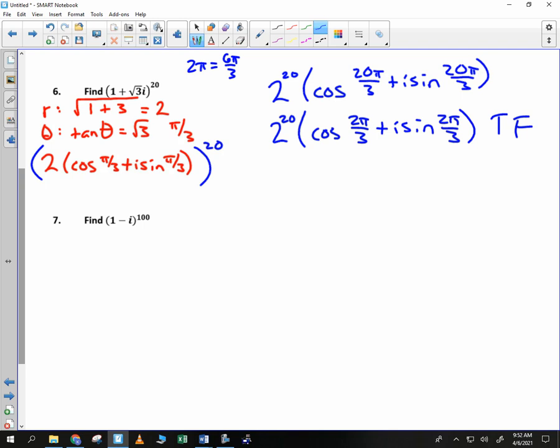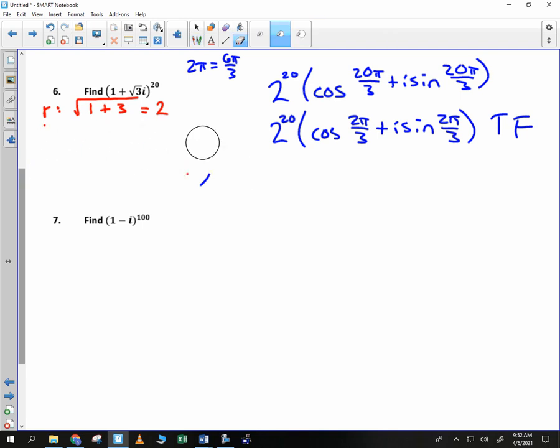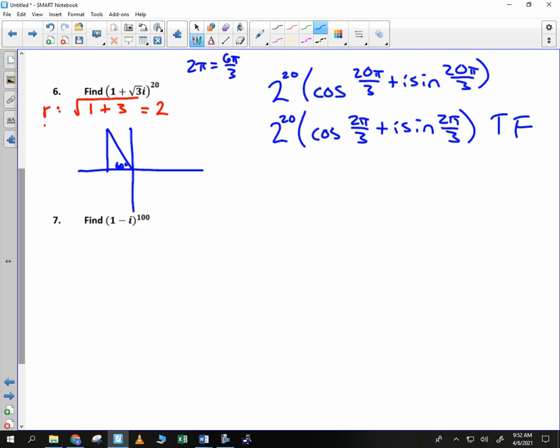Now we're going to place it into standard complex form. So I need an exact value for cosine of 2 pi over 3. 2 pi over 3 is how many degrees? Good, 120. It's going to leave me with a 60-degree angle over here.